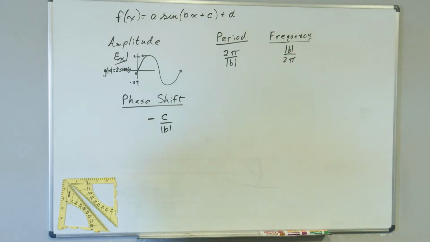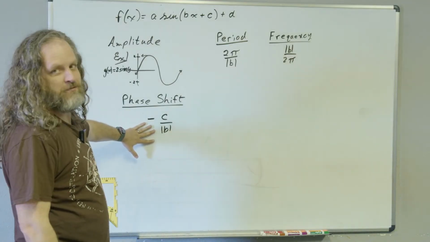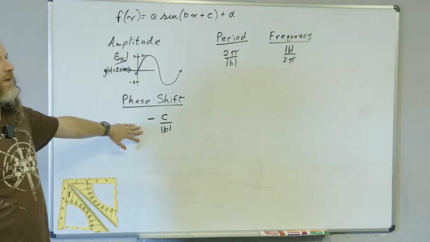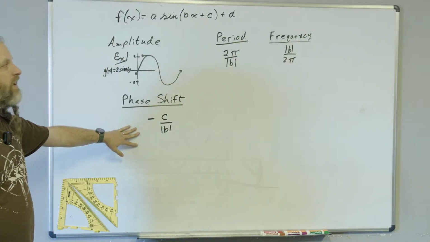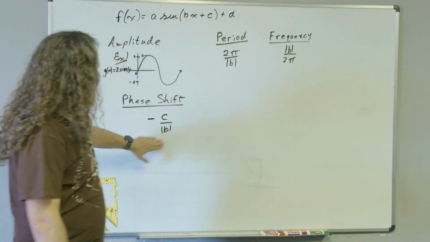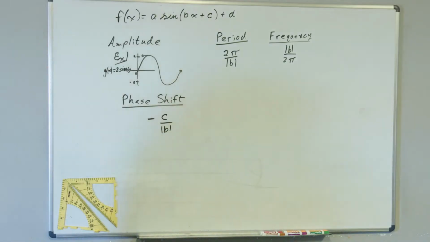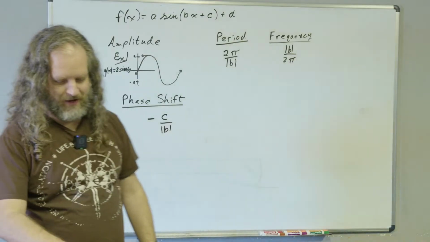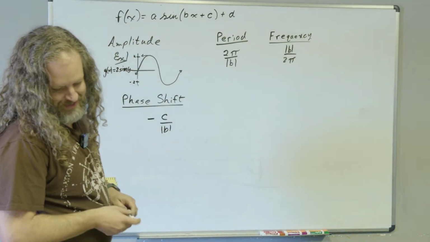But this is how you find the phase shift of a parabola as well. We don't call it the phase shift, we call it a horizontal translation, but if b has changed, you have to divide it. So is it negative c, or once you divide it, then it becomes negative? Well, that doesn't change anything, never mind. Fractions are fractions. Because absolute value changes it.